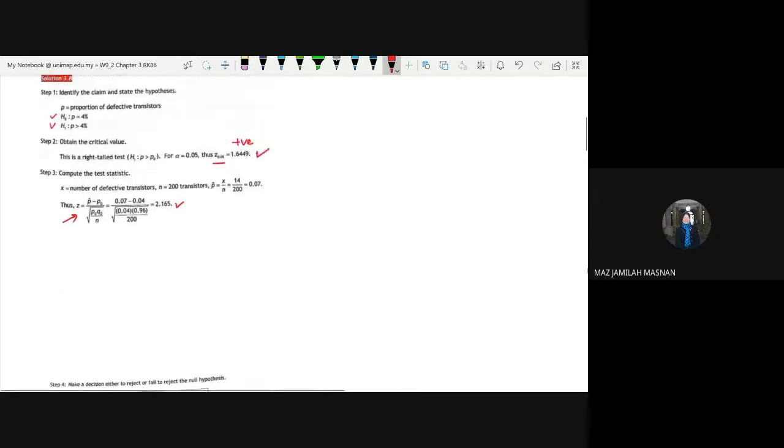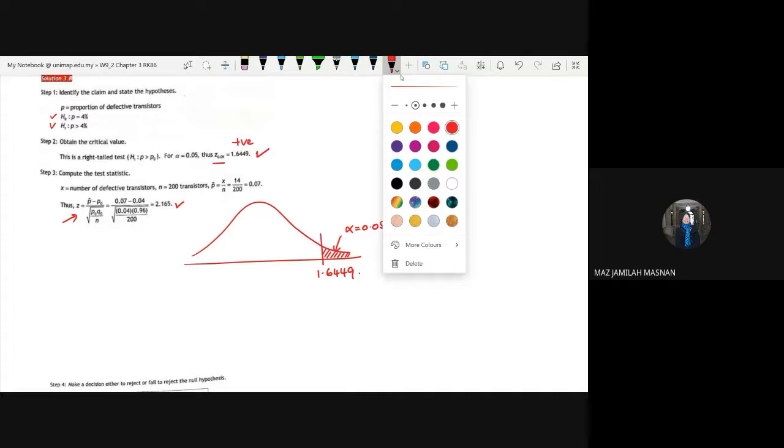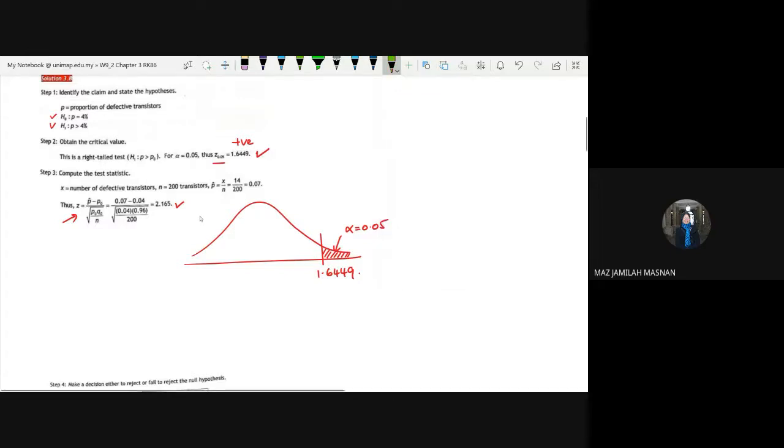So if you redraw, right tail test, alpha 0.05. You have your critical value 1.6449, and your Z value is 2.165, which is much larger.